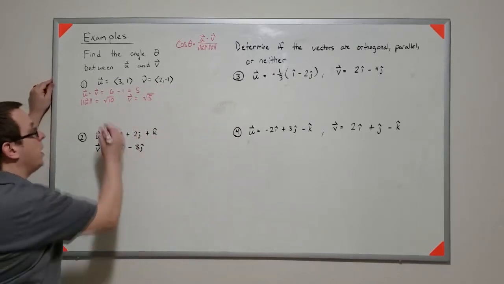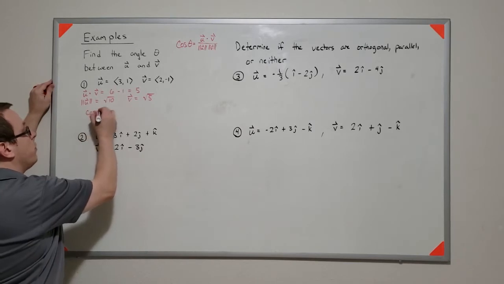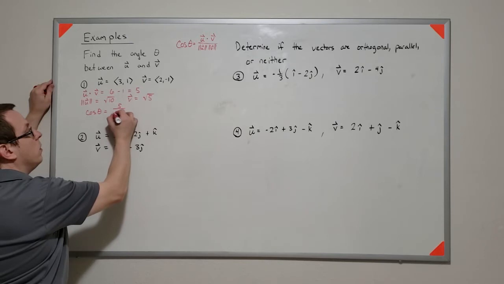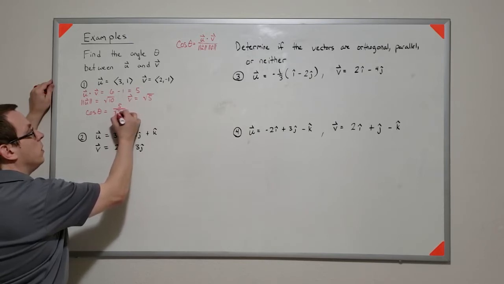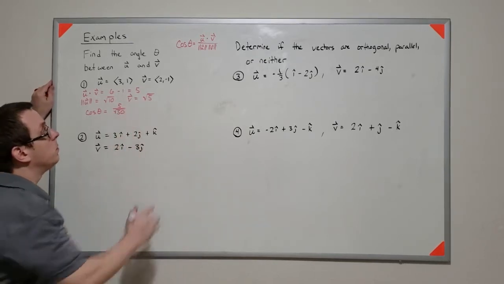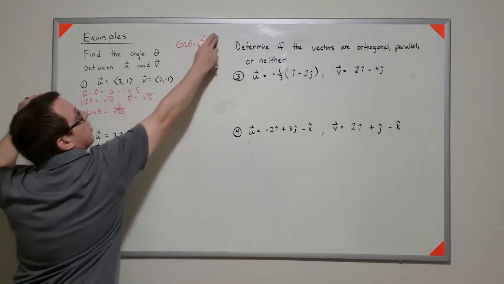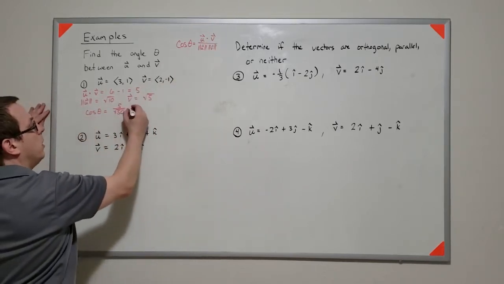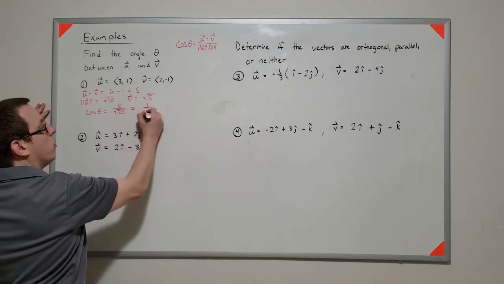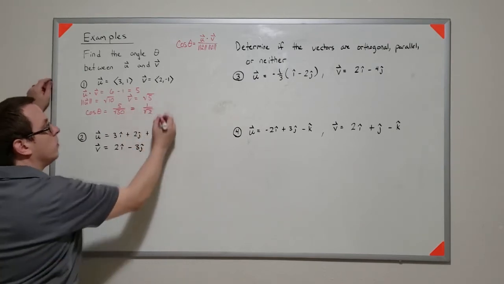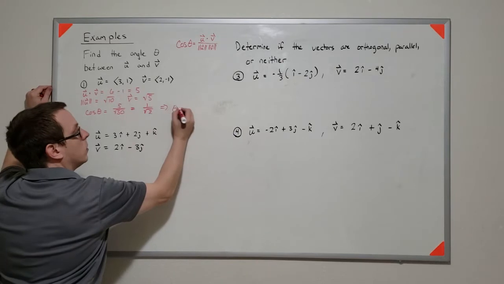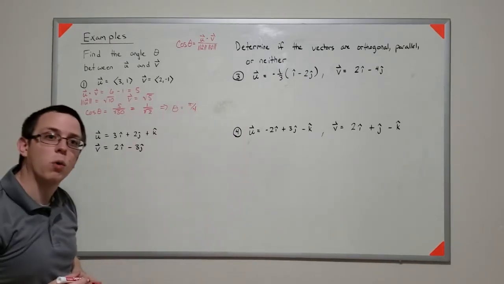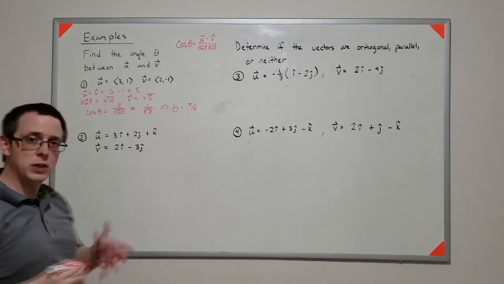So we have that cosine of theta is 5 over the square root of 50, right? So I take these two multiplied together to get the square root of 50, which comes out to be 1 over the square root of 2. So that tells me that theta is pi over 4. So that's kind of neat.